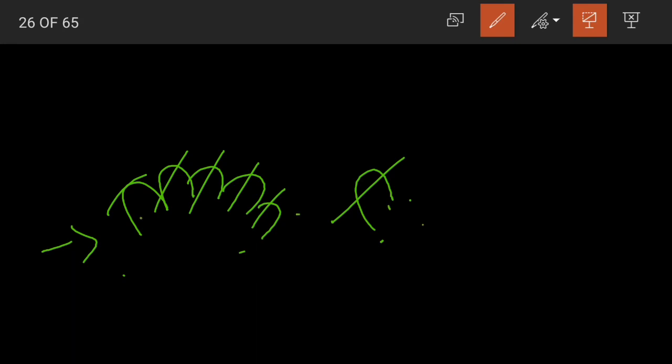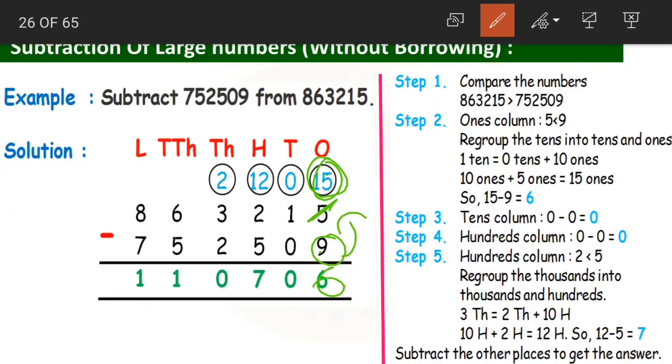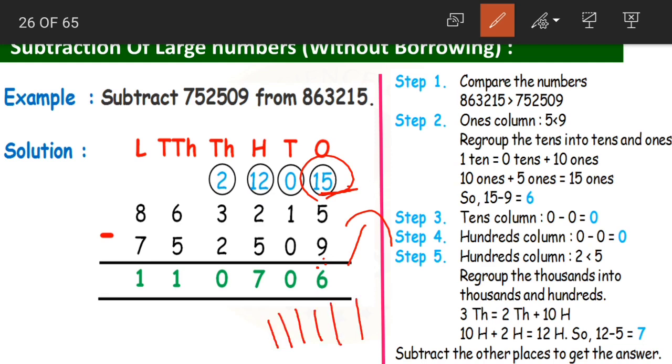How many fingers? 6. So the answer is 6. Clear, children? We do not have 15 fingers here to open and remove 9 fingers. So we'll start counting from 9 till we reach 15. After 9, 10, 11, 12, 13, 14, 15. How many fingers? 6 fingers. So 6 is our answer.